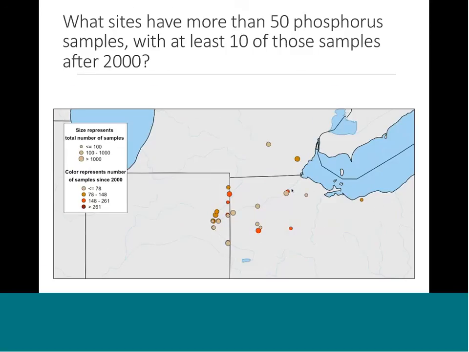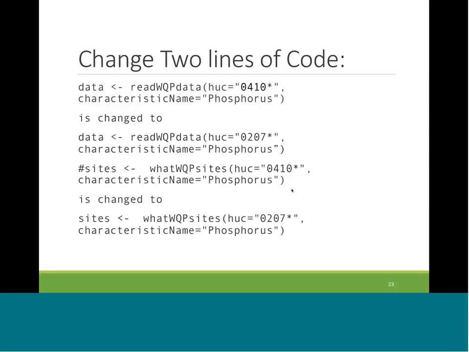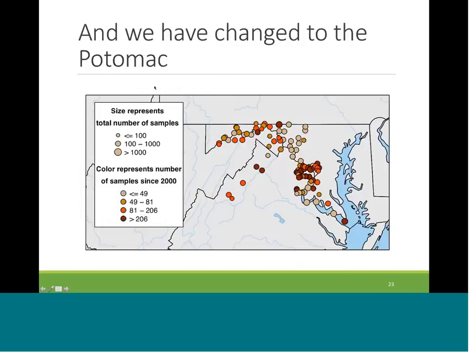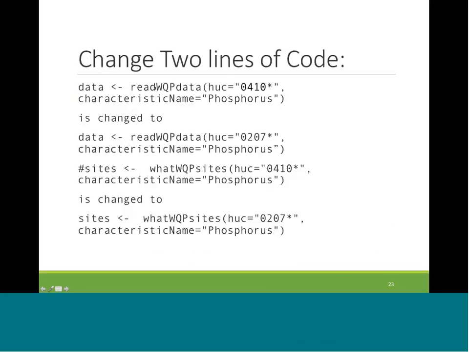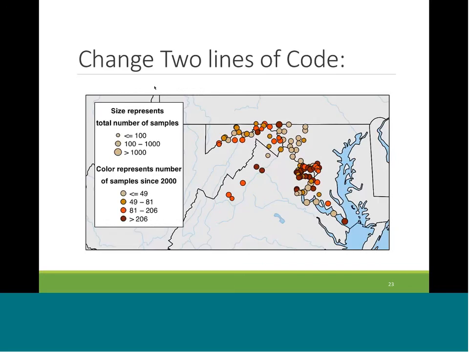Well, by changing only 2 lines of code, instead of saying read WQP data 0410, you want it to be read WQP data 0207, and instead of what WQP sites 0410, you want what WQP sites 0207 star.